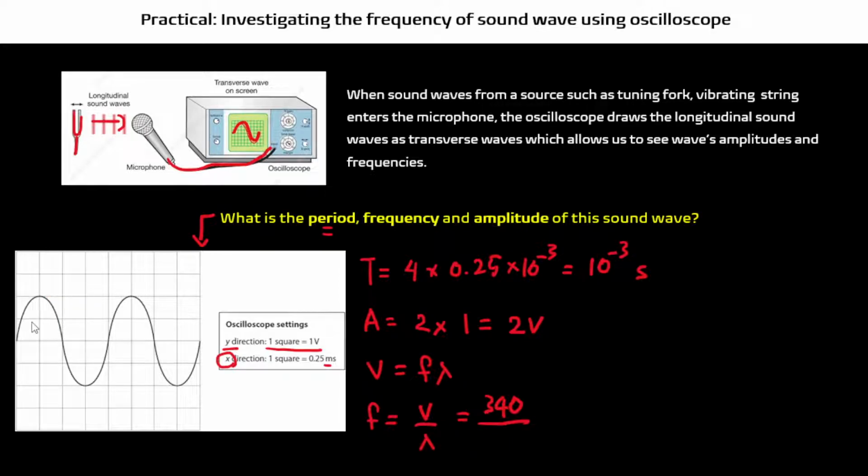Your wavelength, you should know, is from this place to this place. It has 4 squares as well, which is the same as your period. So you'll be dividing 340 by 10 to the power minus 3. So your answer would be 340 times 10 to the power 3 hertz.